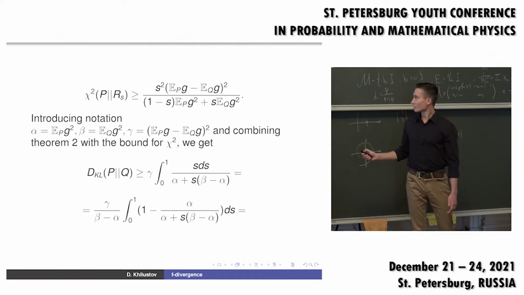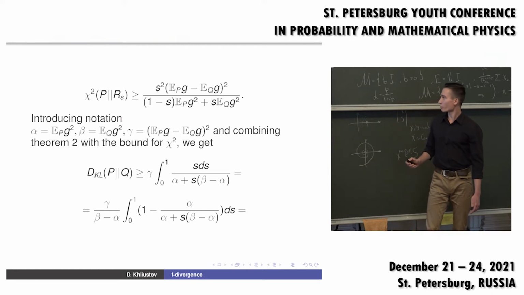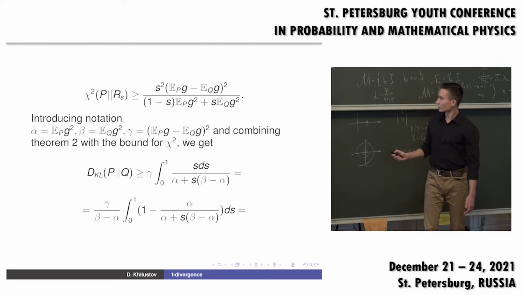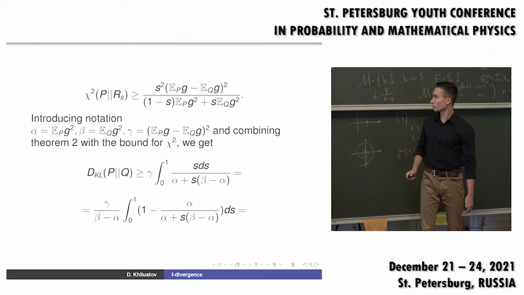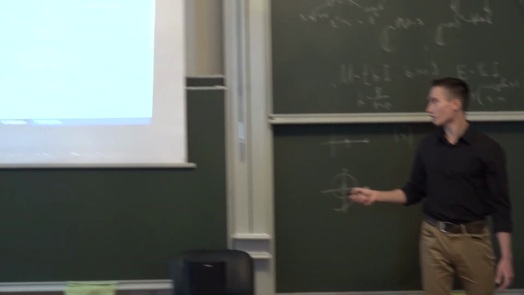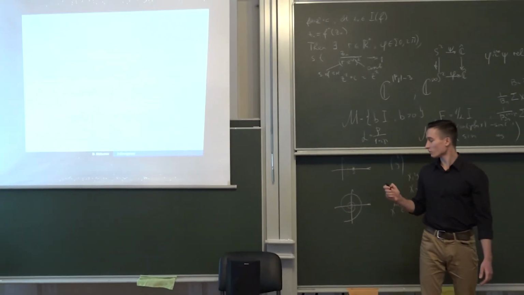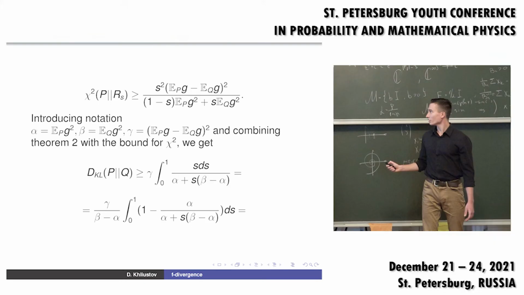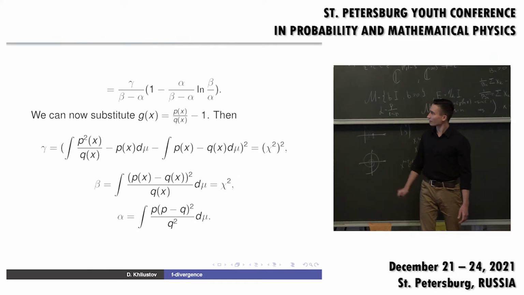We will just take s away from the formula and denote those terms which do not depend on it by alpha, beta, and gamma. After computing the integral, we will obtain the following bound in a logarithmic way.